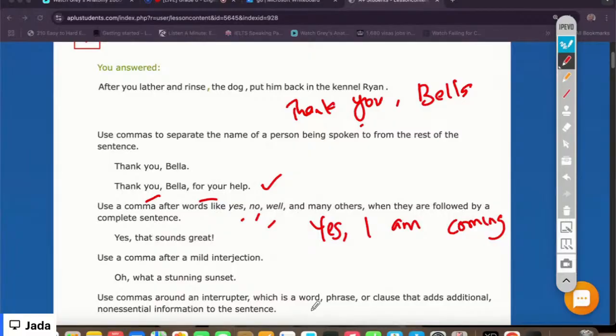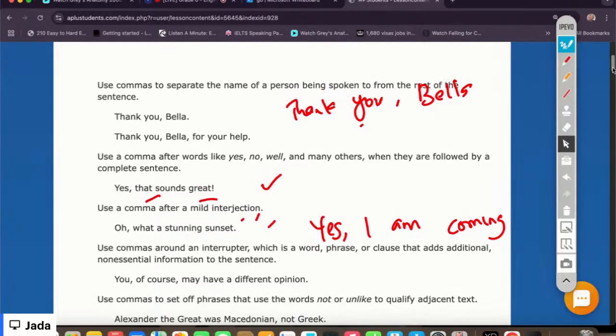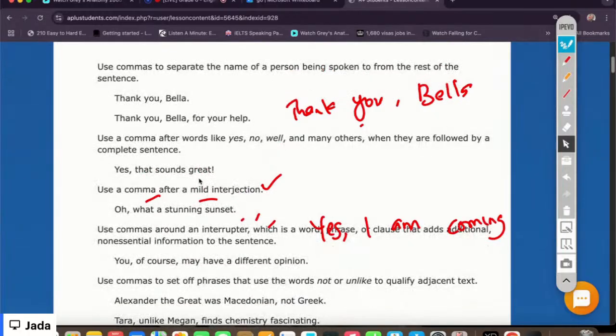So it could be no, it could be well, it could be any word, just words like this that you have to make sure that you separate with the comma before you continue up the rest of the sentence. So you have to take note. Yes, that sounds great. Okay?